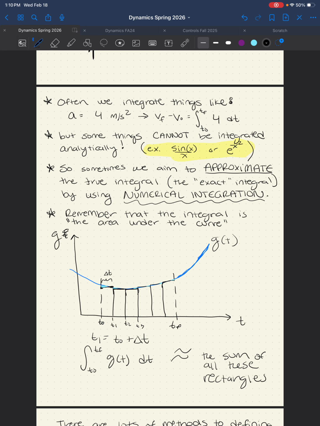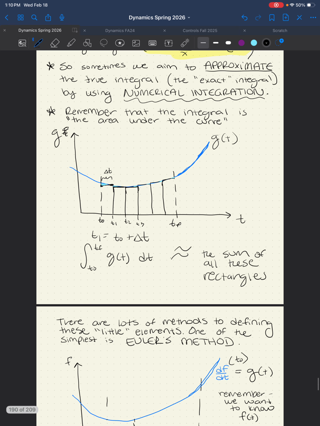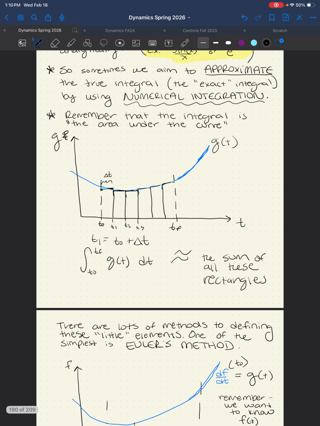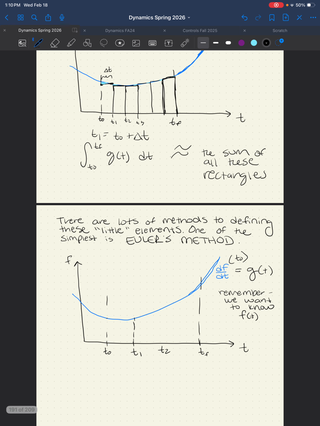So that's the job of our numerical integration. Now, I've been kind of hand wavy about exactly how we're defining these rectangles. There are actually a lot of different ways that you could define these little rectangles or elements, and one of them that we're going to cover today is Euler's method. It's one of the simpler ways of defining these elements. So we're going to learn Euler's method. That's what you're being asked to do in the project.